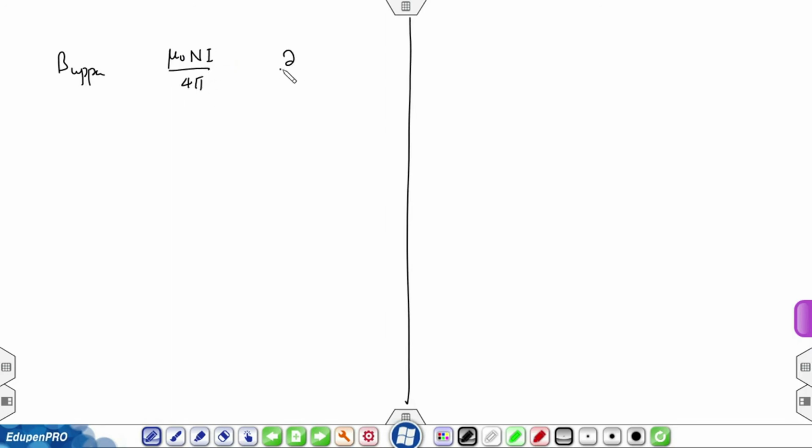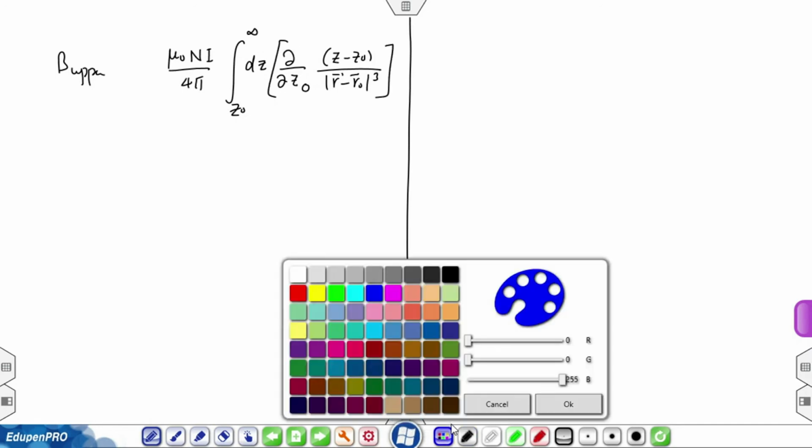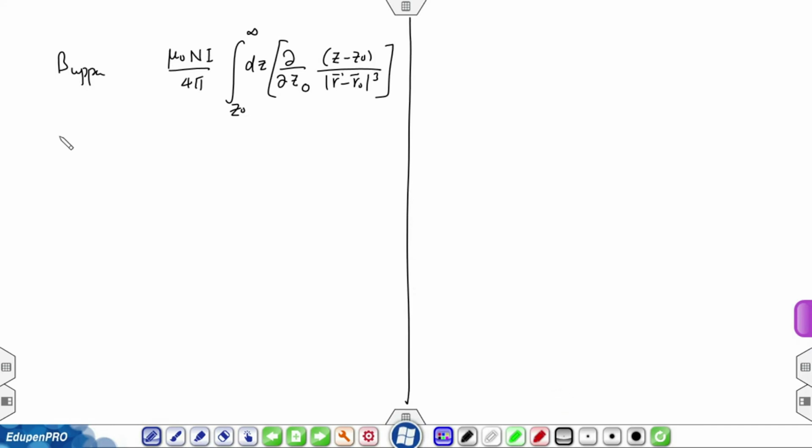I first do the derivative for the z component, (z minus z0) over |r minus r0| cubed, this is with respect to z0, and then integrate from z0 to infinity. This is the correct expression.